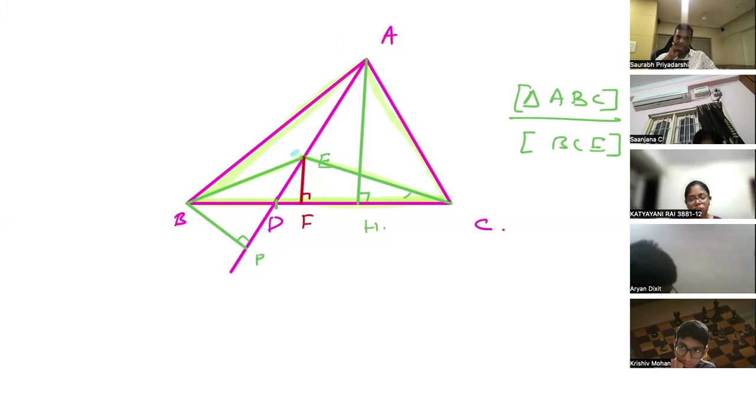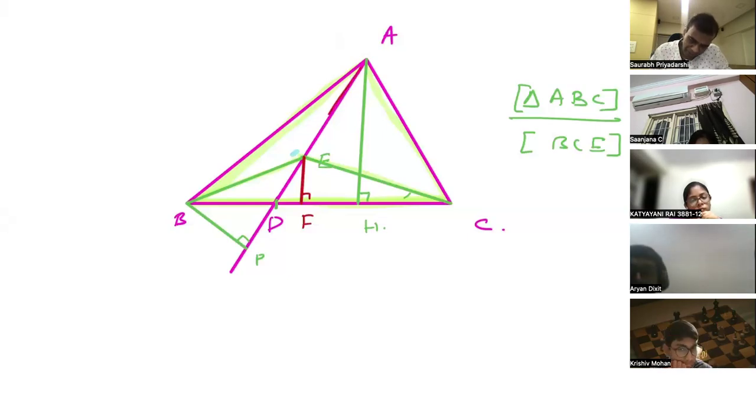Take your time. They are parallel. Yes. Ratio. Right, this is a good idea. Sir, we know that AD is 4DE, right? Yes.